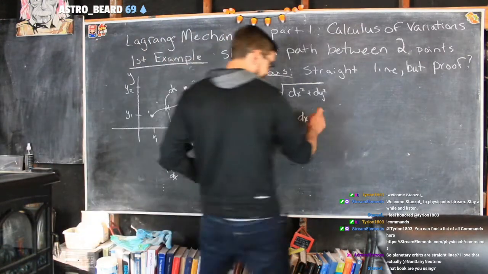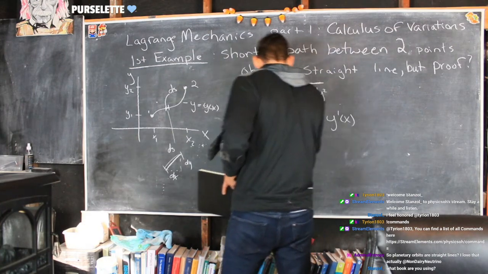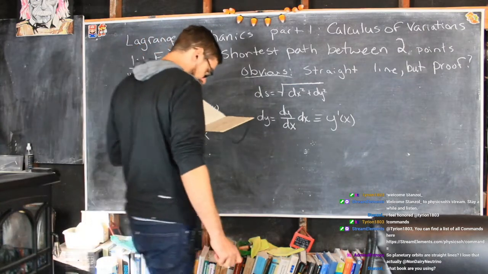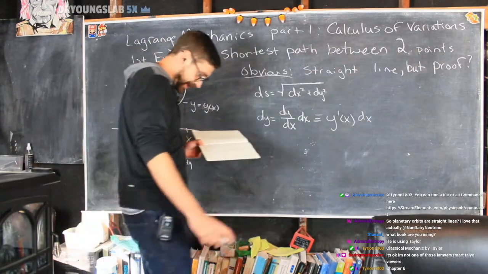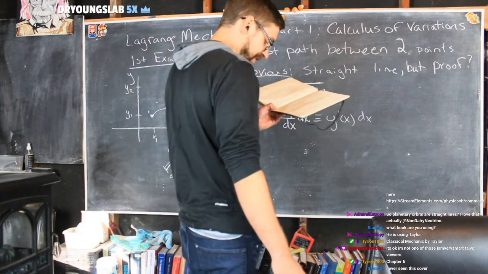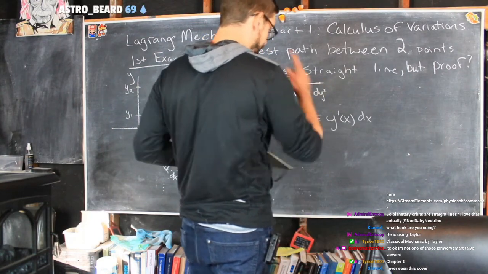So we're going to do that little jaunt right there, right? And now we can redefine this as the derivative of y with respect to x, dx. Then the length of the path from 1 to 2 relies on our unknown. Oh wait, we have to do another step first.